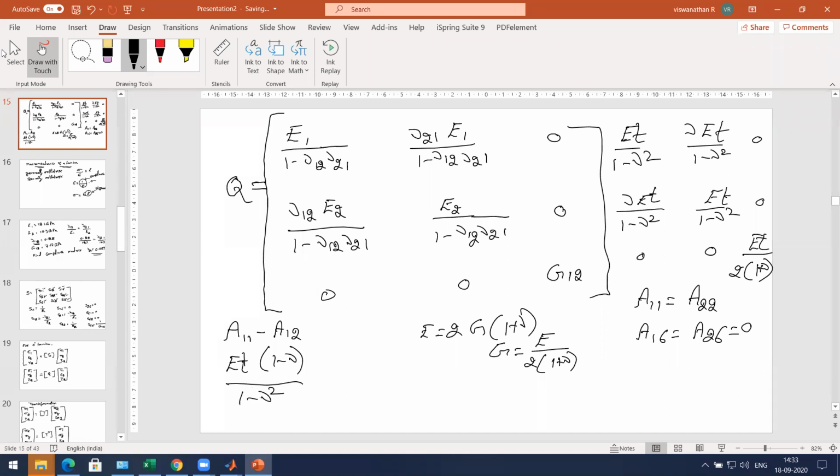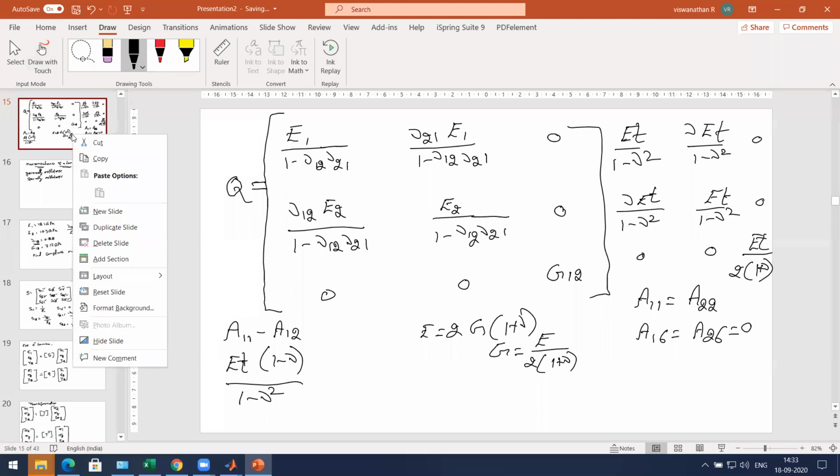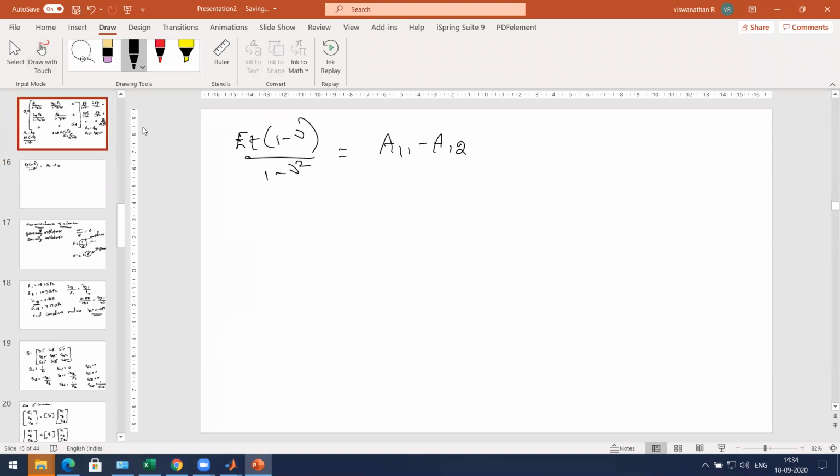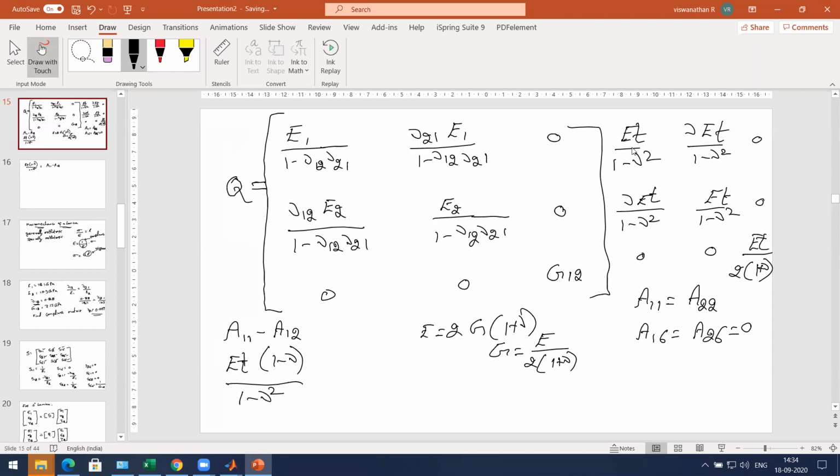I'll just take a new slide. Et into 1 minus nu divided by 1 minus nu square is nothing but A11 minus A12. That is what I've taken now.